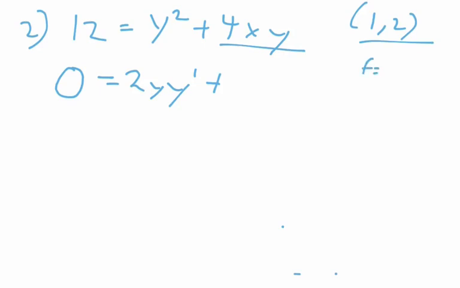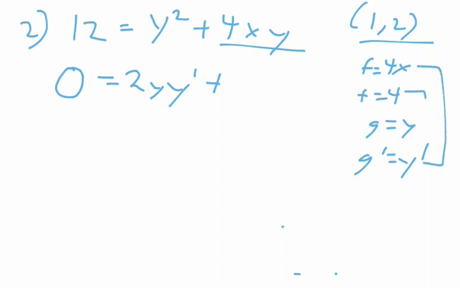So the derivative of 4x is 4, the derivative of y is y prime, multiply these two together and these two together in whichever order you want. So we got plus 4xy prime plus 4y.